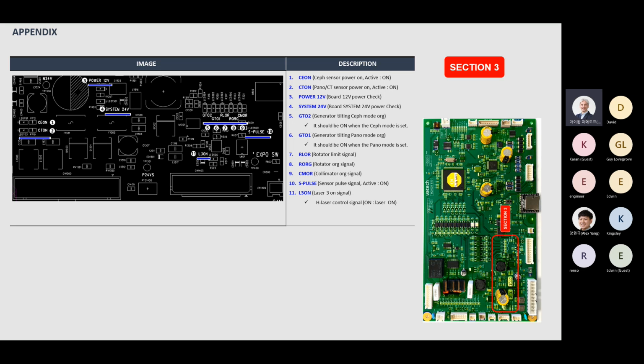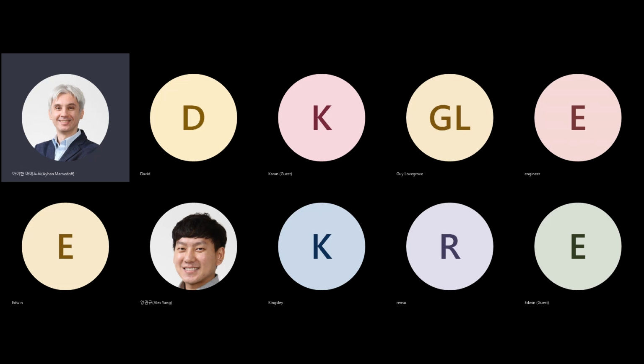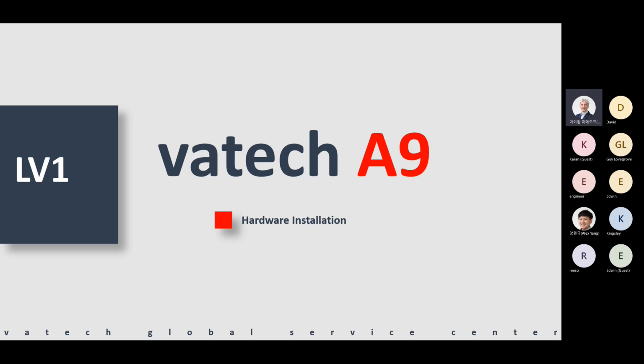Next, I will let you know about the hardware installation, as we now have a general idea about the product. We know what kind of product the VATECH A9 is.